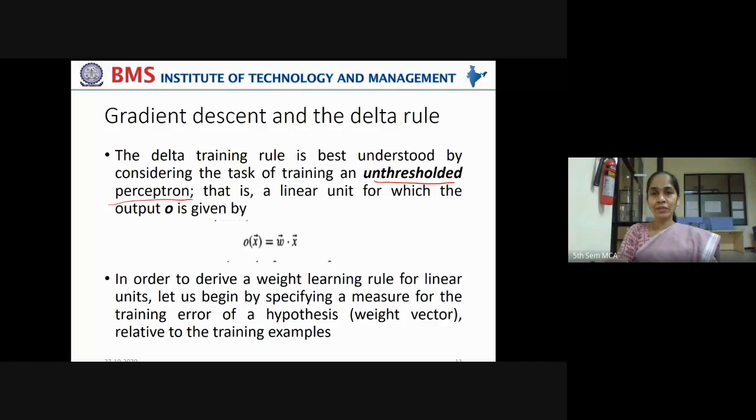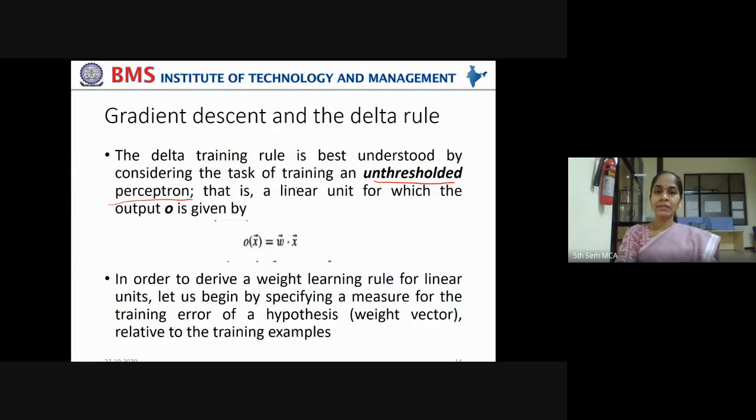If the linear equation solution is lesser than 0, it has to fire -1. But the delta training rule is best understood by considering the task of training an unthresholded perceptron. Unthresholded perceptron means you don't have any specific cutoff value. In that case, we have to see how the model is trained by using this delta training rule.